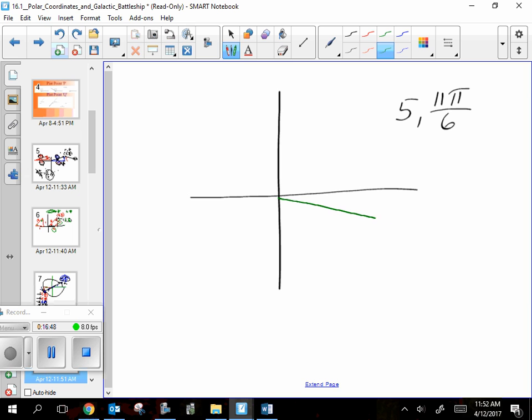I hope you knew that 11 pi over 6 is headed that way in general. Maybe has a little too small of an angle, maybe more like that way. Okay, and then this is out 5, let's say, and you be the judge of whether or not that's 5, but all right.